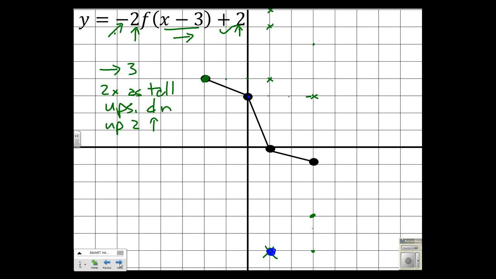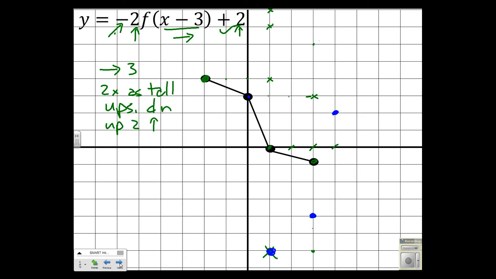So I'm going to go to the right 3. 1 from here. 1, 2, 3. I'm going to go twice as tall of 0, 0. I'm going to go upside down, 0, 0, and I'm going to go up 2. 1, 2. Okay, so I've got this point, one more.